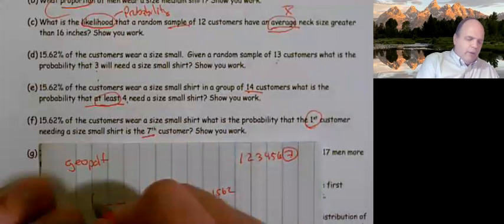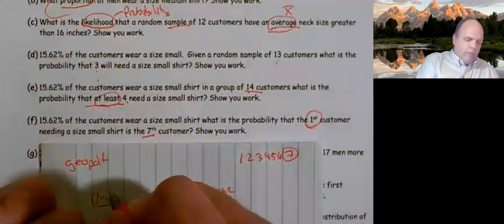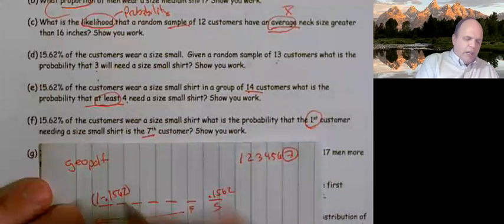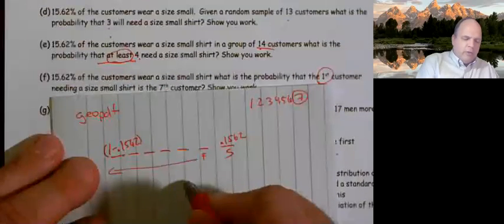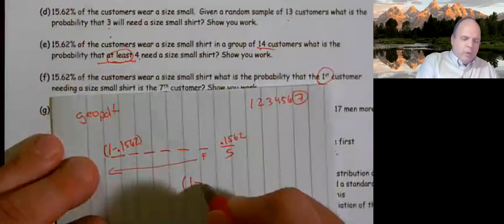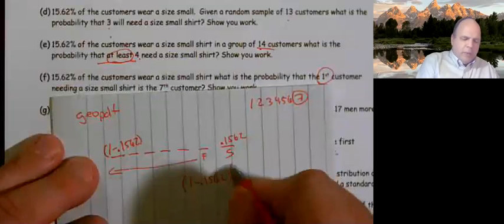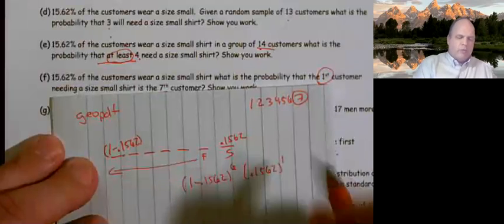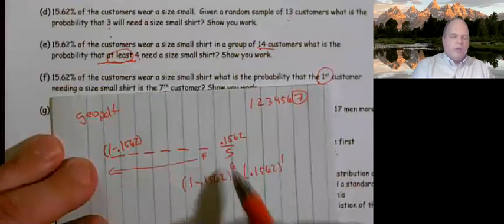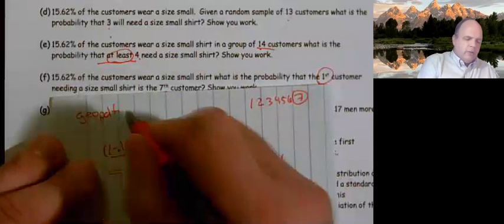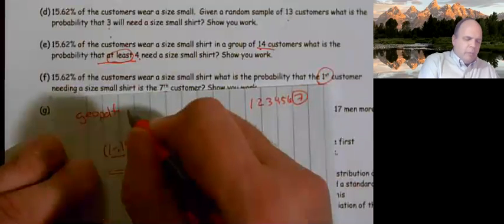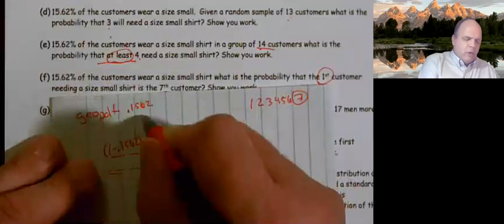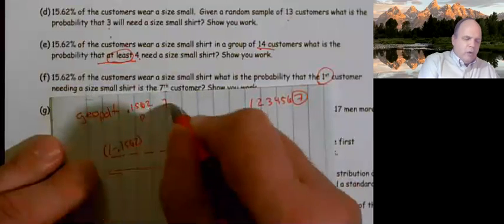A fail is 1 minus 0.1562. And I keep writing that, and I'm going to get really tired really quickly. So how about this? 1 minus 0.1562 to the 6th power times 0.1562 to the 1st. 7 minus 1 is 6. So GeoPDF probability is 0.1562. My X value happens to be 7.